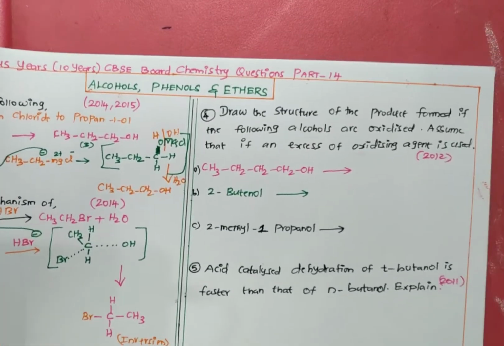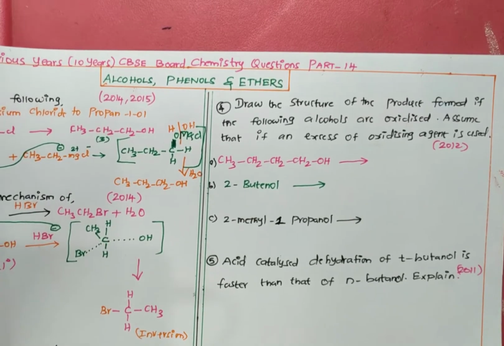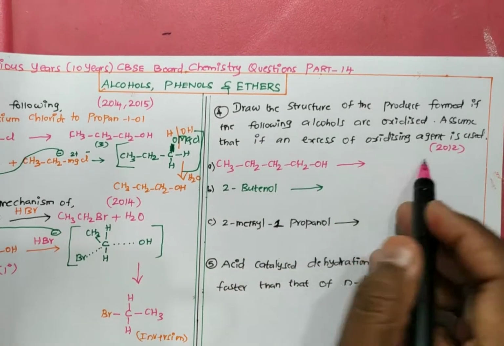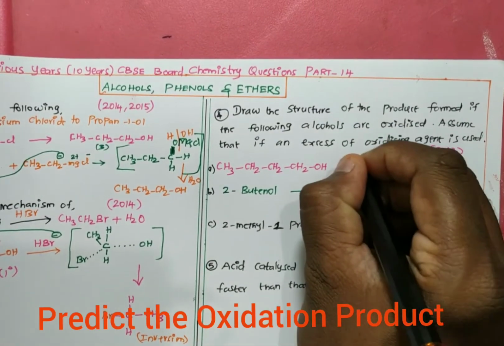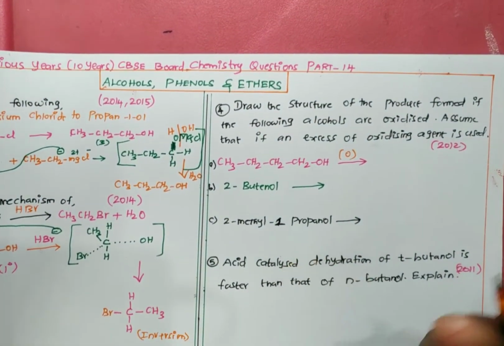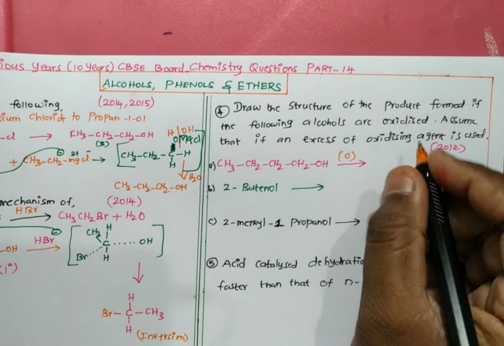Next question: draw the structure of the product formed if the following alcohols are oxidized. Assume that an excess of oxidizing agent is used. So our ultimate aim is that they are getting oxidized, and an excess amount of oxidizing agent will be used, so strong oxidation will take place.